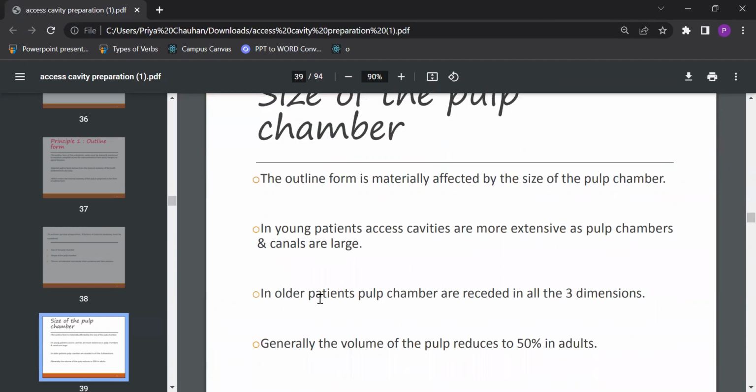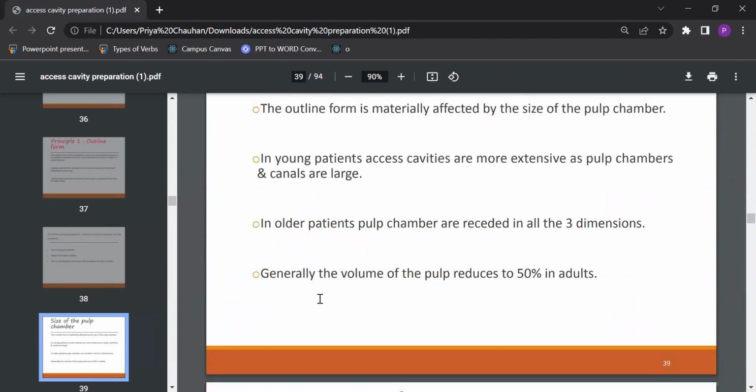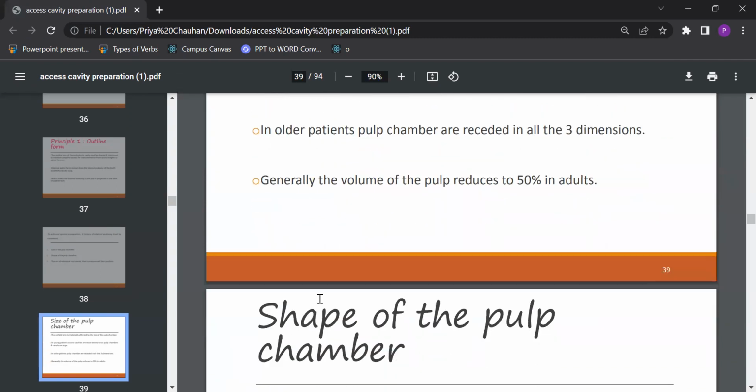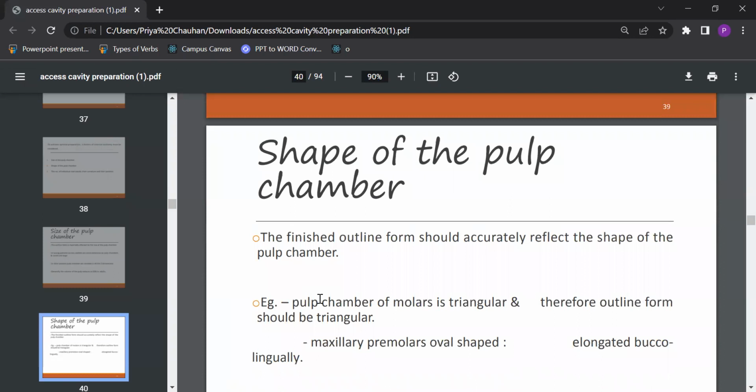chamber. सबसे important. In the young patient, access cavities are more extensive as pulp chamber and canals are large. In the older patient, the pulp chamber is reduced in all three dimensions. ठीक है. Generally, the volume of the pulp chamber is reduced by 50% in adults. The shape of the pulp chamber क्या है? शेप होना चाहिए. The finished outline form should accurately reflect the shape of the pulp chamber.